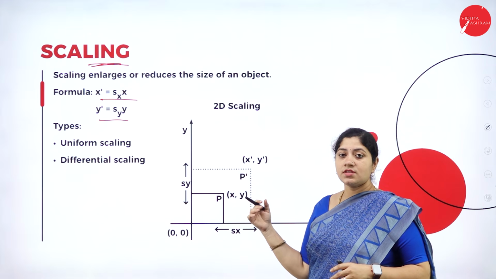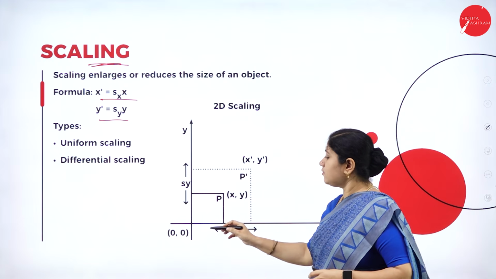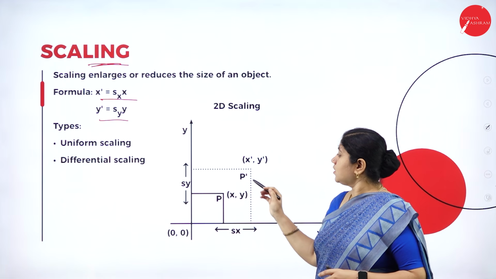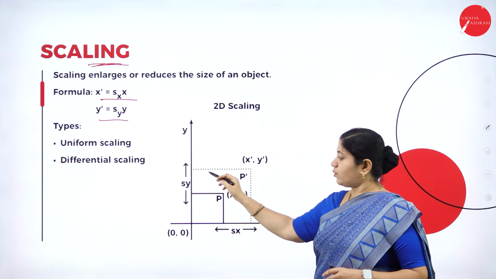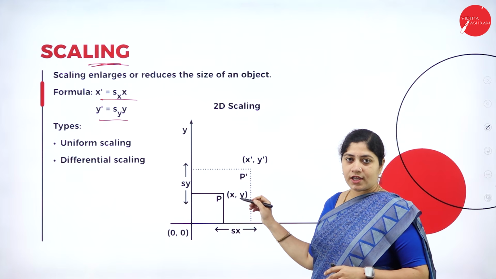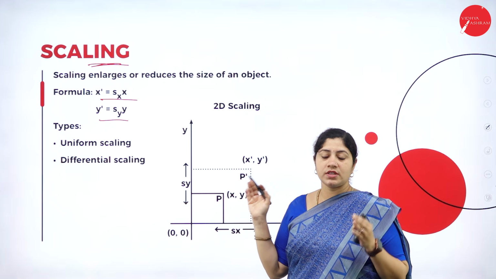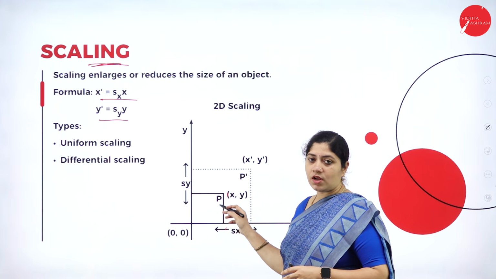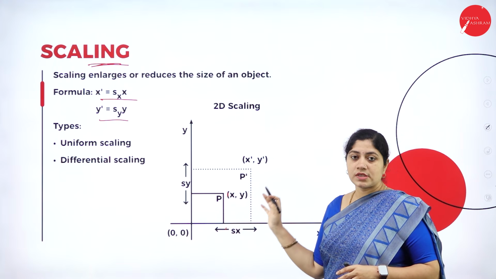What we can expect here is an x y coordinate system, and in that coordinate system the initial object was drawn in dotted lines, and it is being scaled, or the size of that object has been reduced to a smaller x y. So this is with respect to scaling.